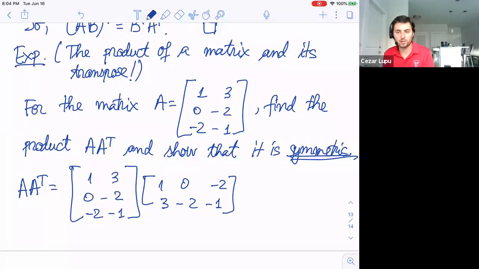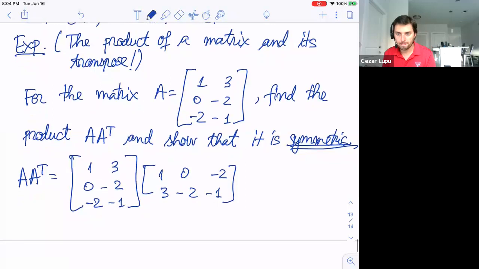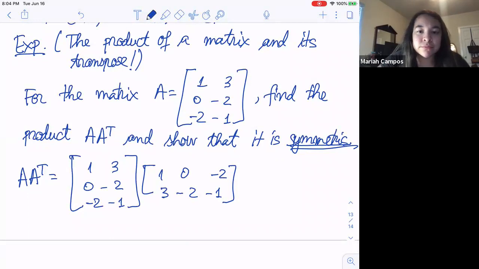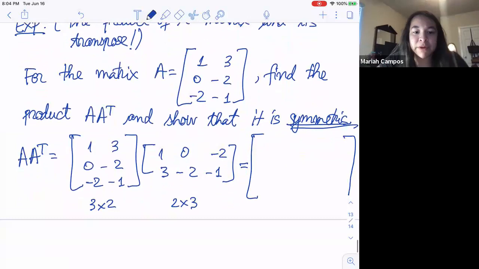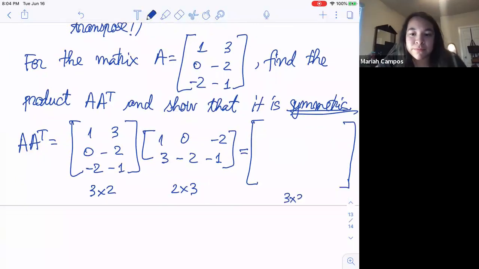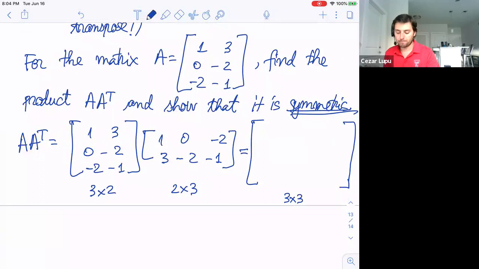So matrix A is of what size? A 3 by 2, right? So I have 3 rows, 2 columns, and the transpose will be a 2 by 3. So the product, guess what? What kind of matrix will it be? A 3 by 3 matrix. And it will be easy to see that once we multiply these two, we'll have 1 times 1 plus 3 times 3, which will give us 10.